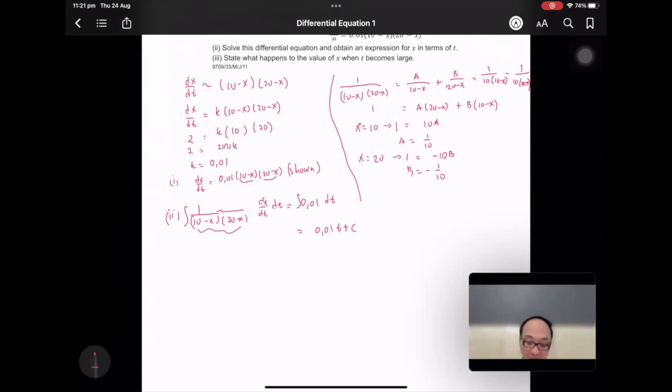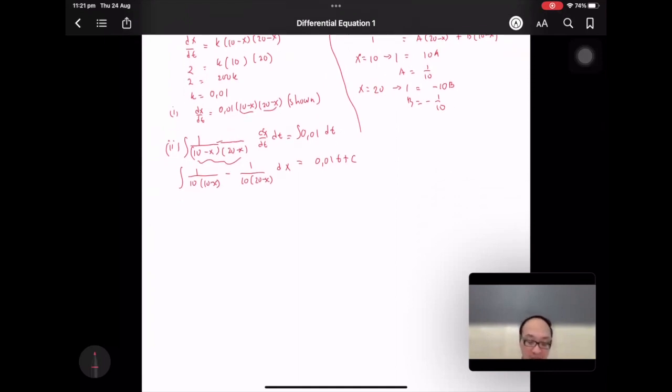So I can change this into the integral of 1 over 10 times [1 over (10 minus x) minus 1 over (20 minus x)] dx equals the integral of 0.01 dt. I can put the 1 over 10 out. So the integral of 1 over (10 minus x) minus 1 over (20 minus x) dx equals 0.01t plus c. And then I multiply by 10.